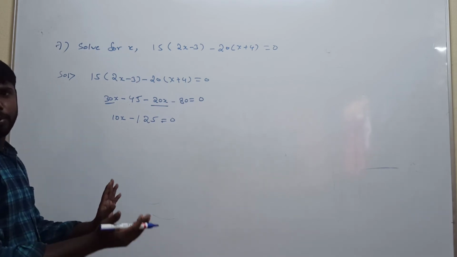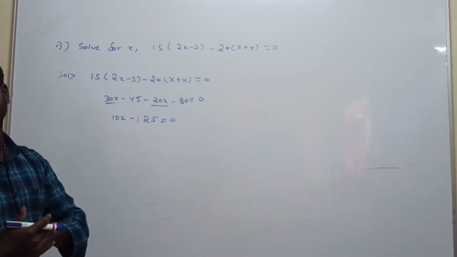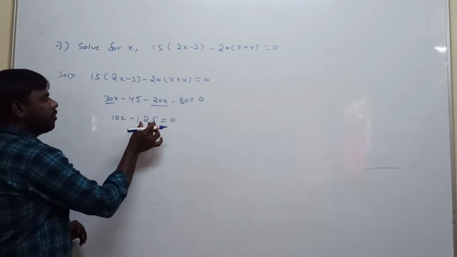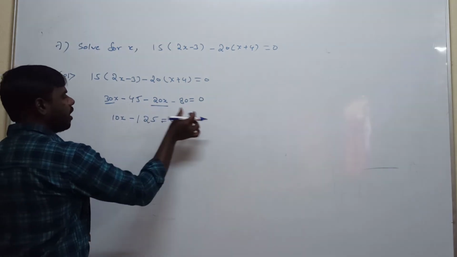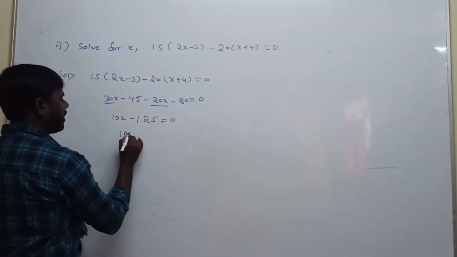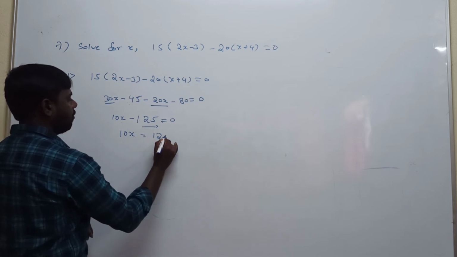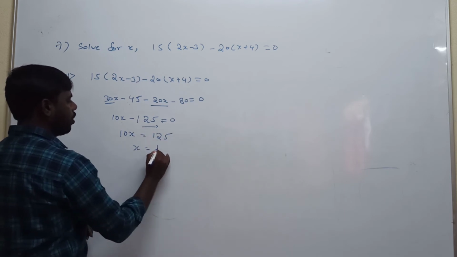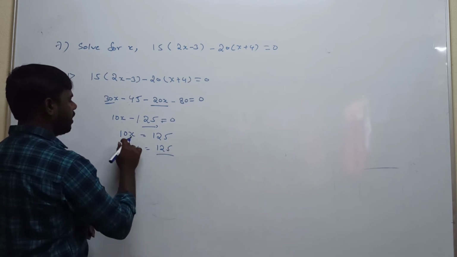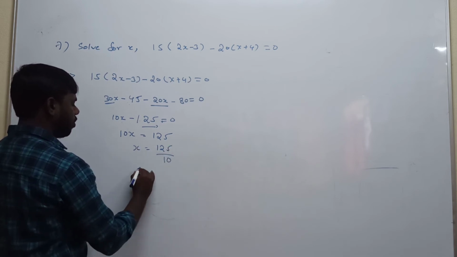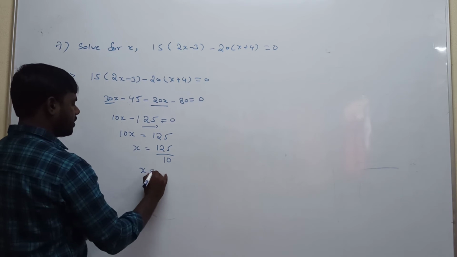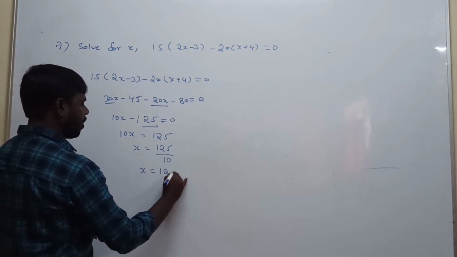So x variable on one side, constant value on the other side. Minus 125 goes to the right hand side as plus 125, and 10x stays on the left. So x is equal to 125 divided by 10, which is 12.5.